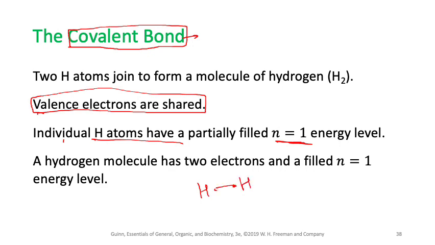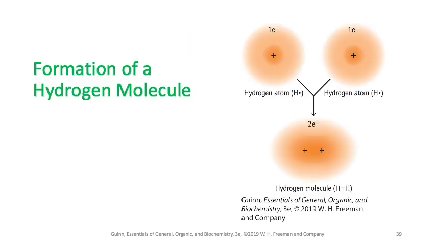The same example that we did, electron, electron. Now both of them have 2 electrons. So this is a sharing of electrons. This is a pictorial representation of what we understood already for hydrogen.